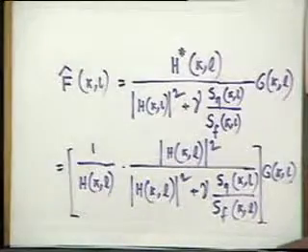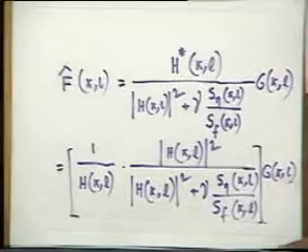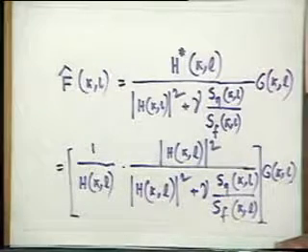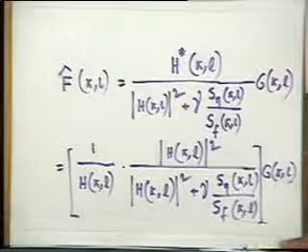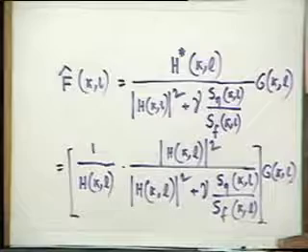Unless you know the degradation model, you can't do the restoration, so H of KL must be known. That goes without saying. But you must also know S_F KL and S_eta KL, the power spectral density of the signal as well as the noise. And not only that, how do you measure this? This must be measured over an ensemble of images.